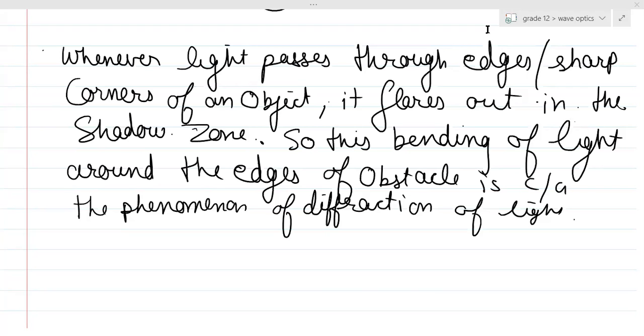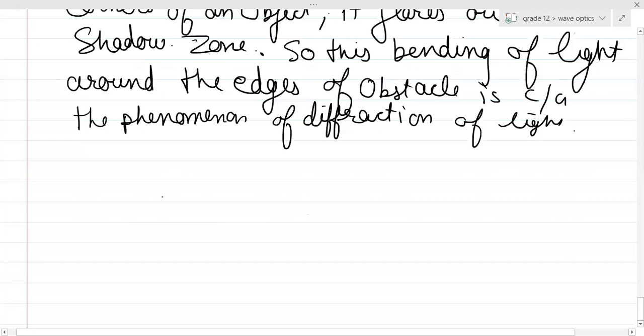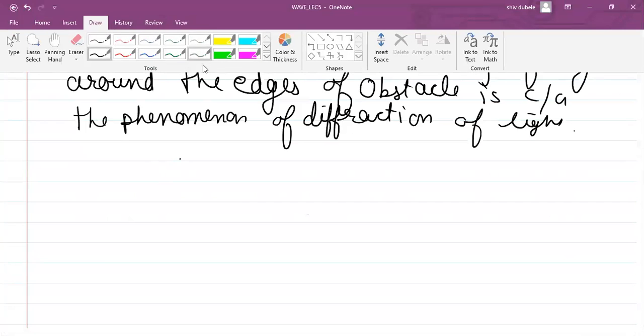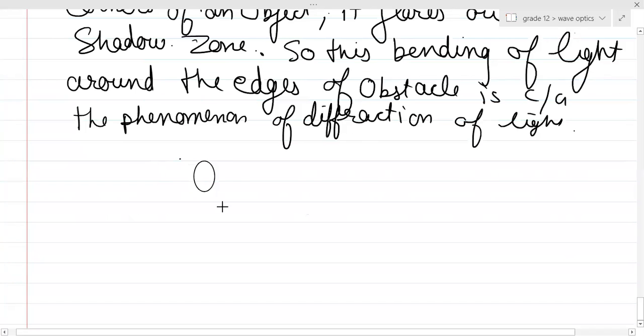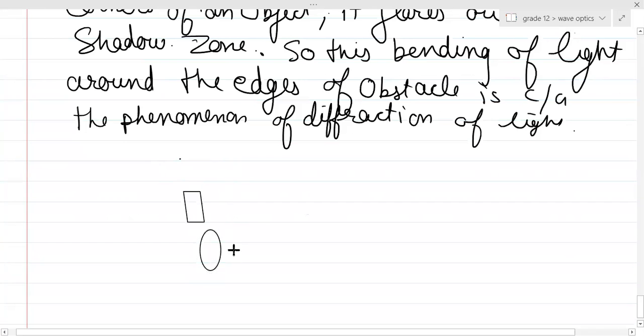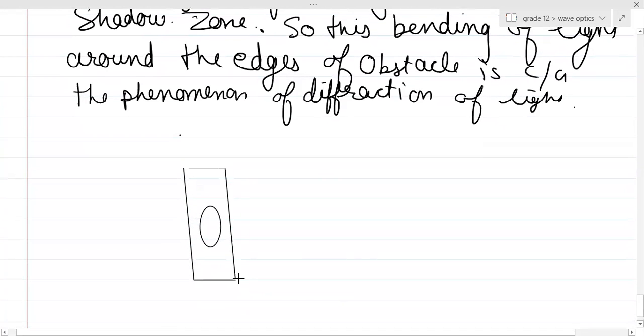So guys, see this particular thing. Suppose I have a slit in which I have drawn a very small, not small, big hole. Can you see a slit over here?